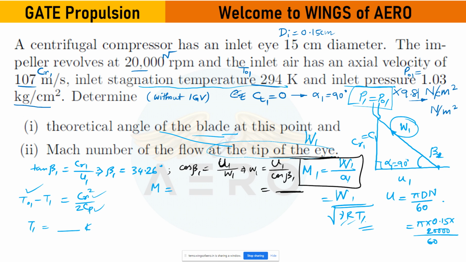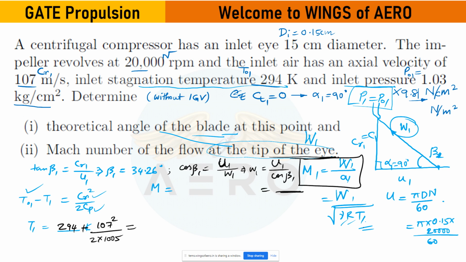T1 equals 294 plus 107 square by 2 into 1005. Solve this, you will get T1.